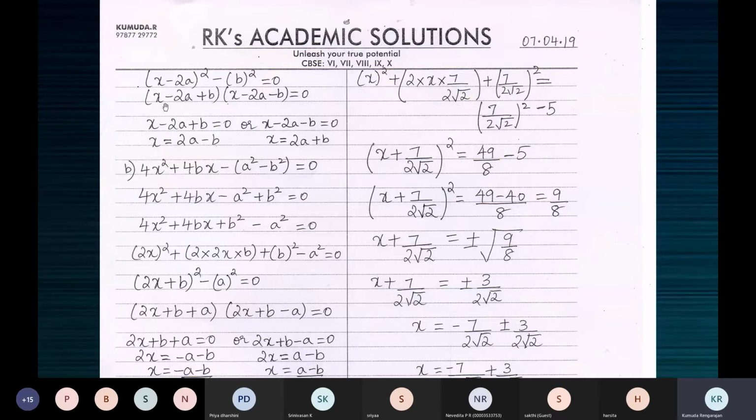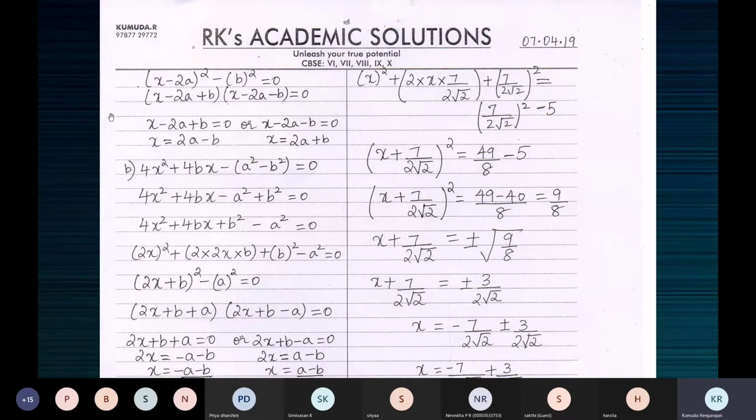So a square minus b square is a plus b into a minus b. This is a, this full thing, x minus 2a, plus b into a minus b. So equate this to 0, and find the values of x.